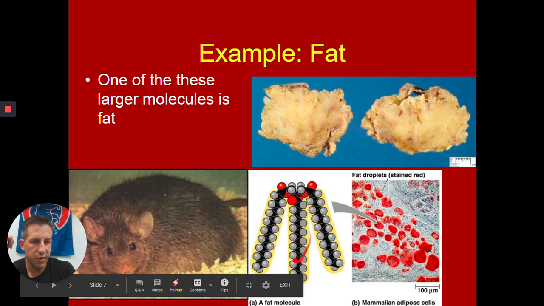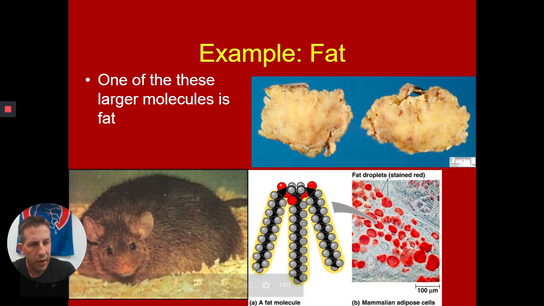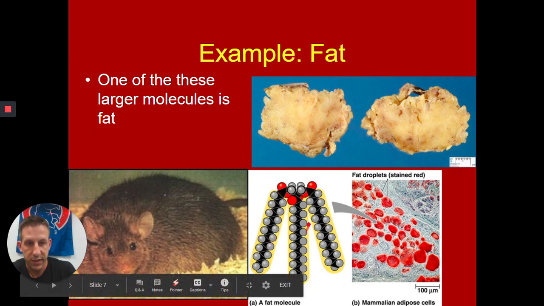Okay, this is called a triglyceride. And each one of these long tails that you see at the bottom here is a hydrocarbon chain. Okay, all of these little black spheres are carbons surrounded by these gray spheres, which are hydrogens. Okay, and then these red ones up here are oxygens. They kind of produce like this little framework that holds these 3 tails in place.